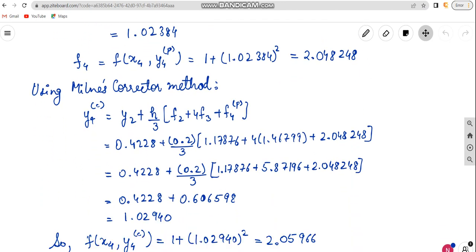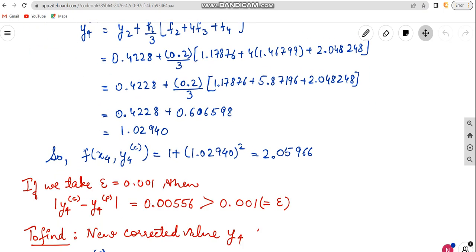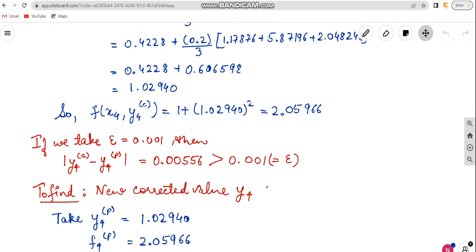Now, the corrected value of y4 is given by the formula y2 plus h by 3 times f2 plus 4 times f3 plus the predicted f4. When I put all the values, I am getting my corrected value of y4 as 1.02940. So should I move ahead with the next corrected value, or is it the corrected value?